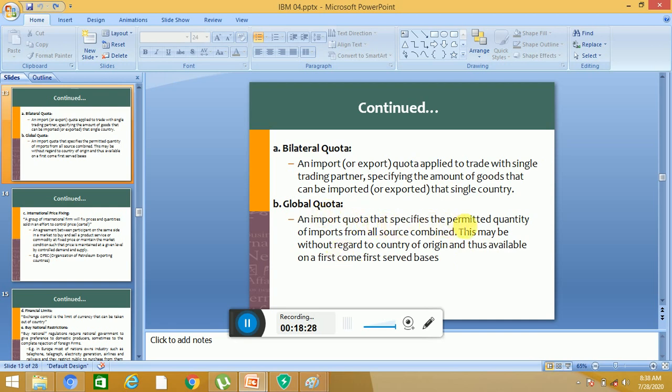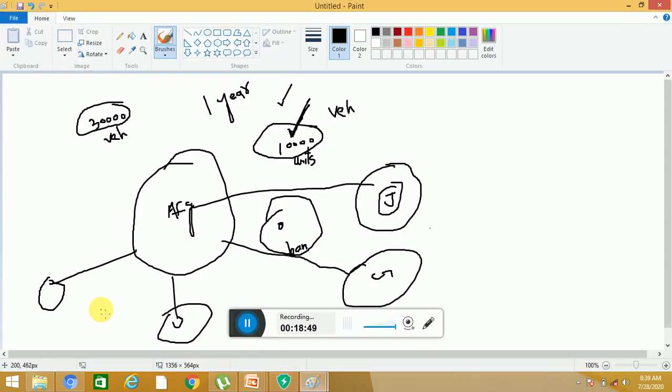An import quota that specifies the permitted quantity of imports from all sources combined, from all countries. This may be without regard to the country of origin and thus available on a first come, first served basis. It is not that this is a Muslim country, or this or that. No, it is on the basis of first come, first served.